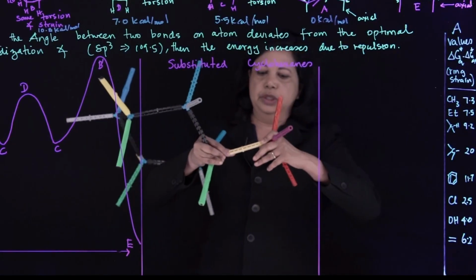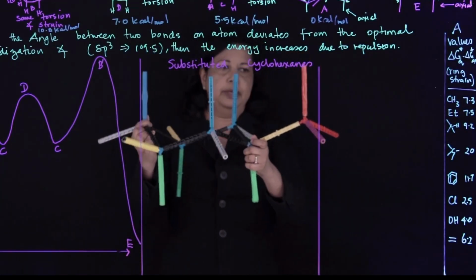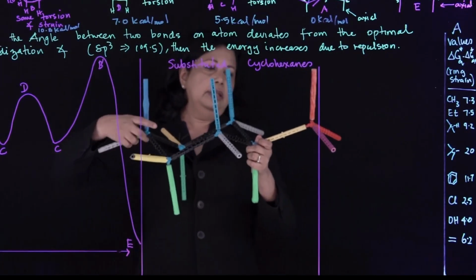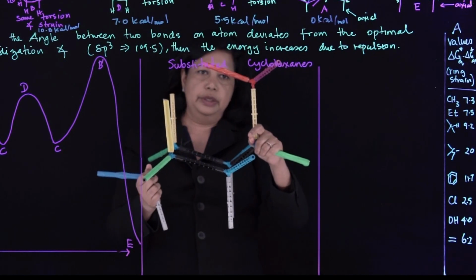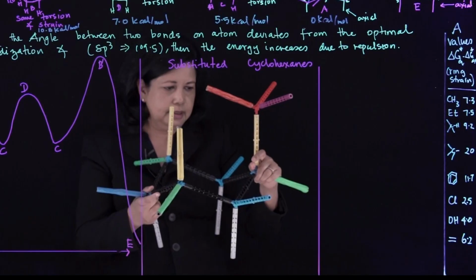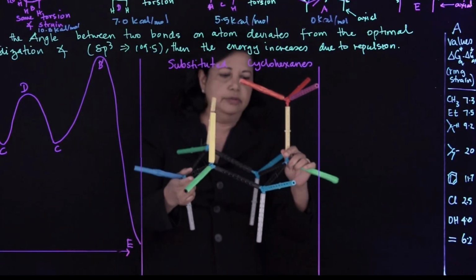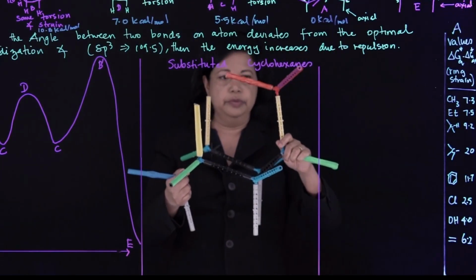Let's put a substituent on here. I'm just putting it over here. The question is, do you want to put it in the equatorial position or the axial position? What do you think? Where do you think it's going to have less disturbances from its neighbors and all the people around it? Where is it going to be free to move around?